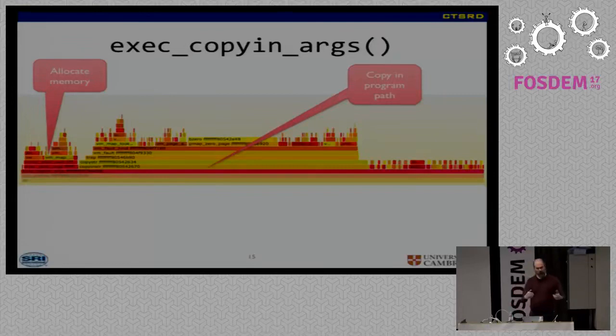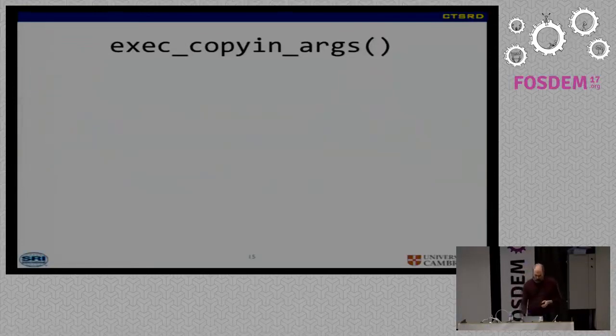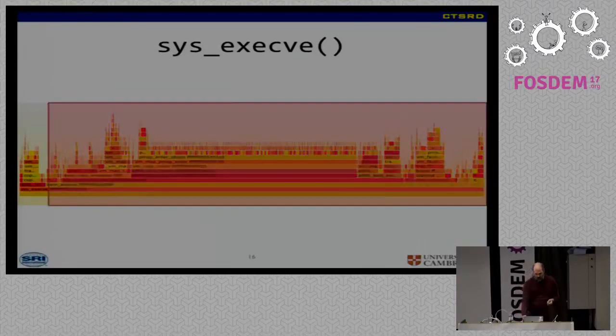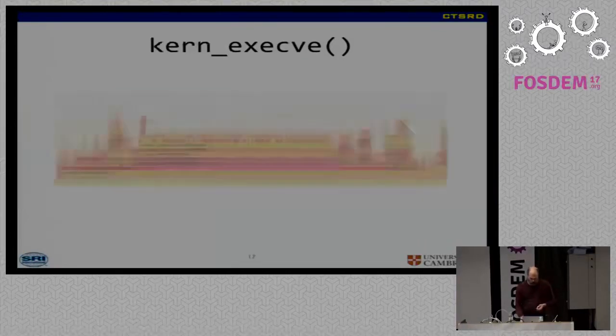It has to get this out of the parent process and into the kernel so that it can then be copied into the new process. Next up, after that, we move on to the body of execve, the sys_execve function.